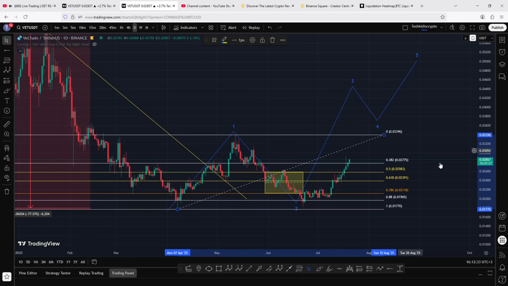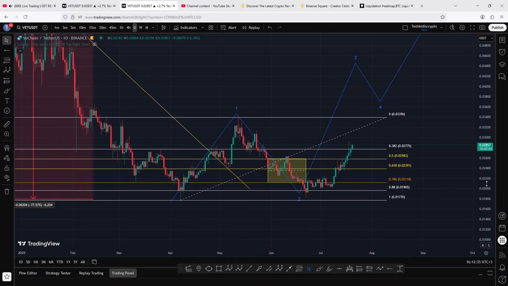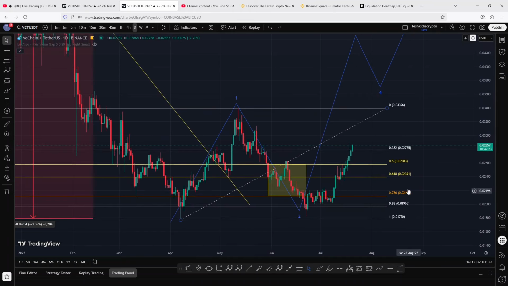And the minimum target area for the second wave was between the Fib level 0.5 and the 0.78, an area that we fully maximized, even though we saw VeChain overshooting the Fib level 0.78, though we continued to hold above the Fib level 0.88, which is the last line of support on the Fibonacci.